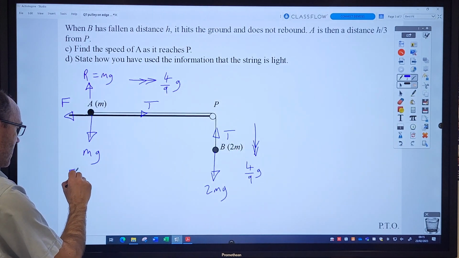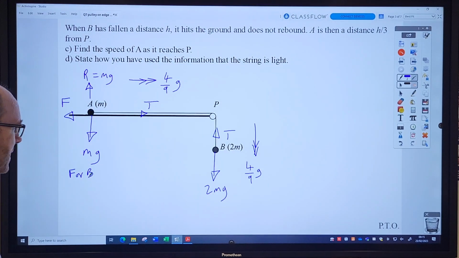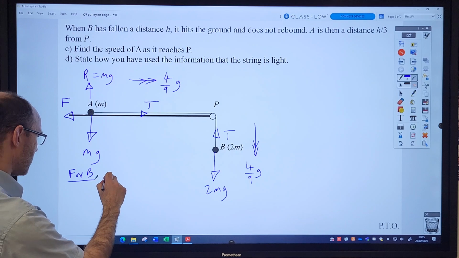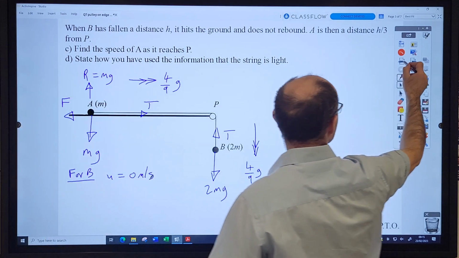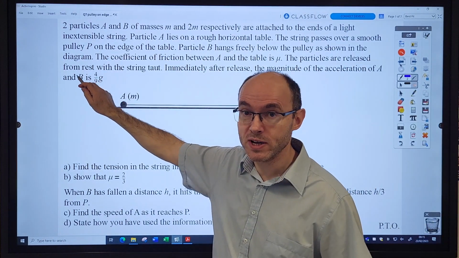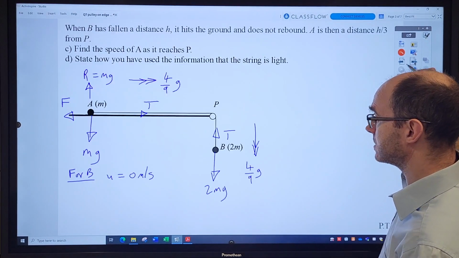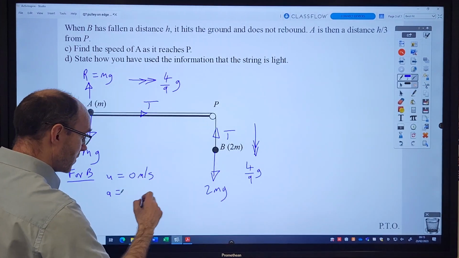So for B, we need to find out the speed at which it hits the ground. All right? So it starts from rest. Just check that for yourself. The particles are released from rest. So u is equal to 0. And the acceleration, a, is 4/9 g.